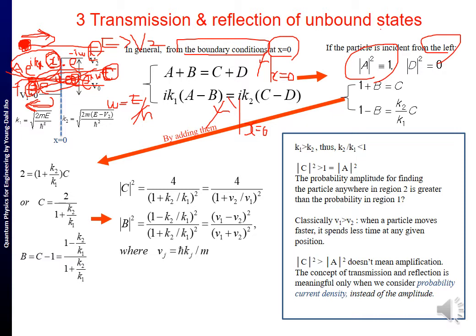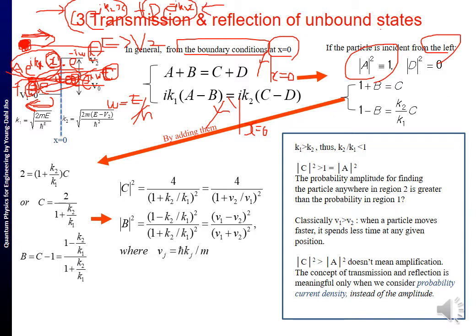In this case, we have C e to the i k2 x, which you had in the previous slide actually, and then D e to the minus i k2 x, with a minus sign here. This one is right propagating, this one is left propagating.